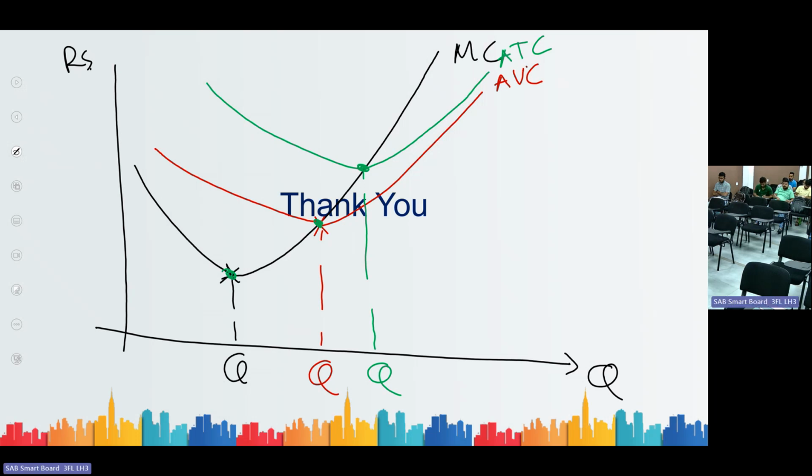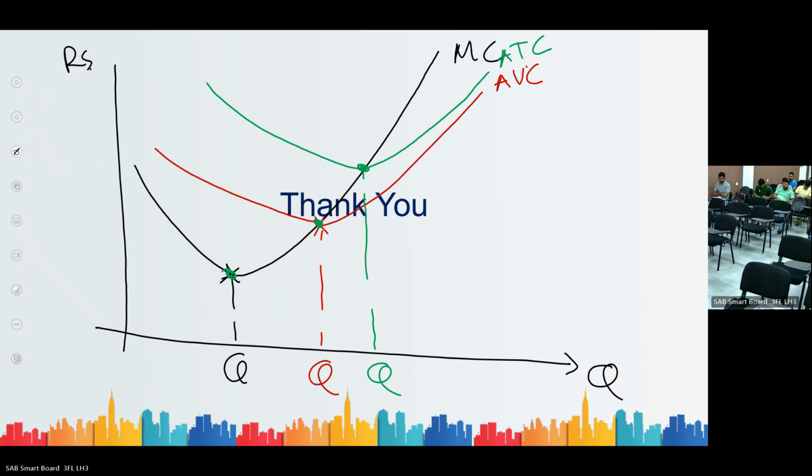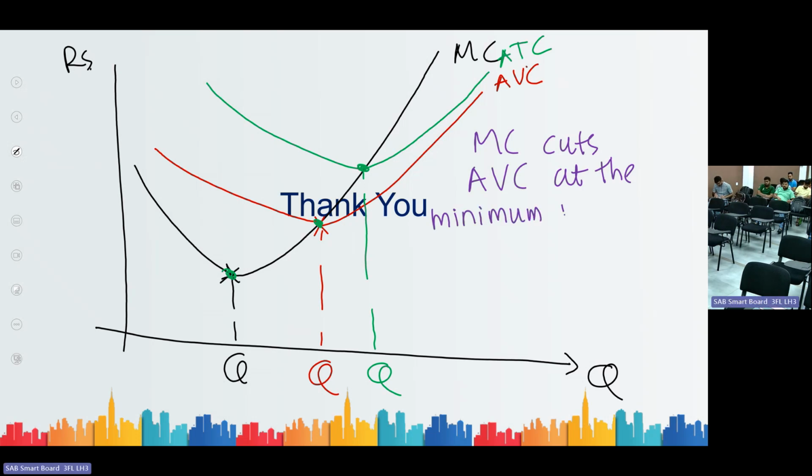And another important thing you can observe here is the MC curve. MC cuts ABC at the minimum point of ABC.